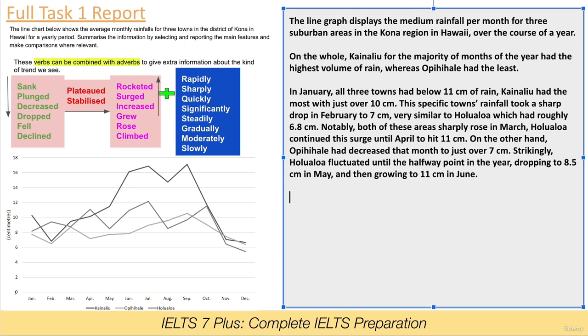We've sort of picked the main points up until June, and now we can maybe begin the second paragraph with this interesting rise from Kanaliu.